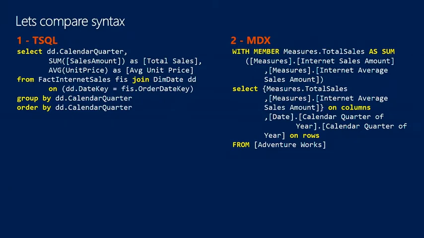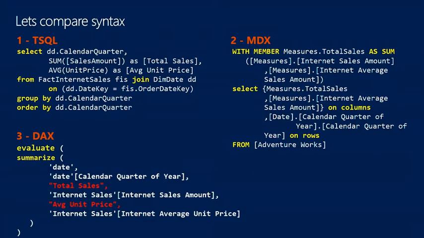So what does that look like in DAX? Completely different. We're talking about evaluate, we're talking about summarize. There are no joins anymore, there are no select statements. These are functions that a business user is more familiar with, especially those who have used Excel. Summarize means group.